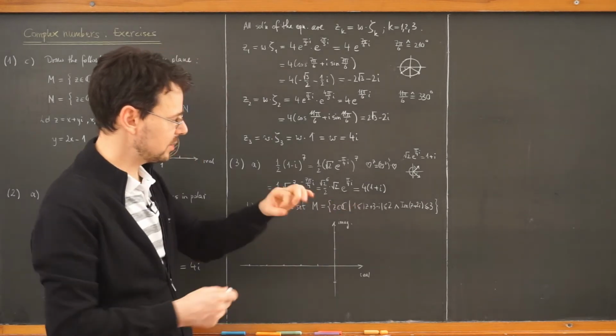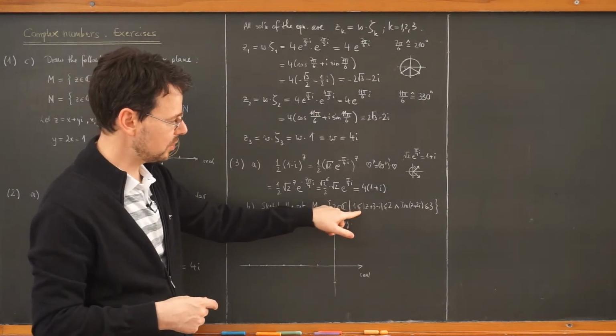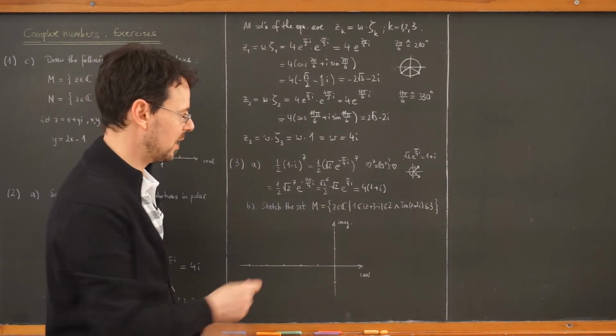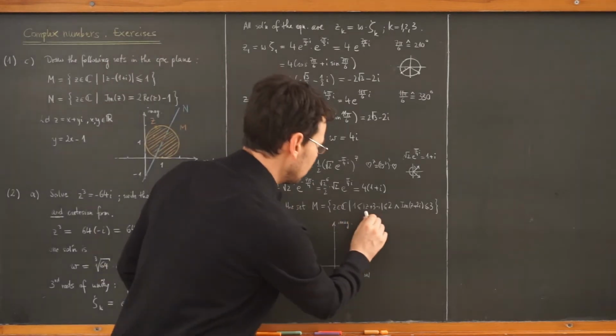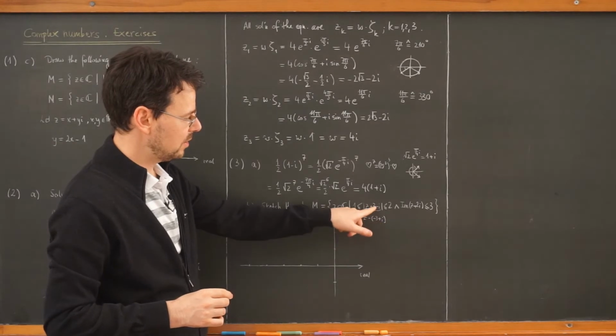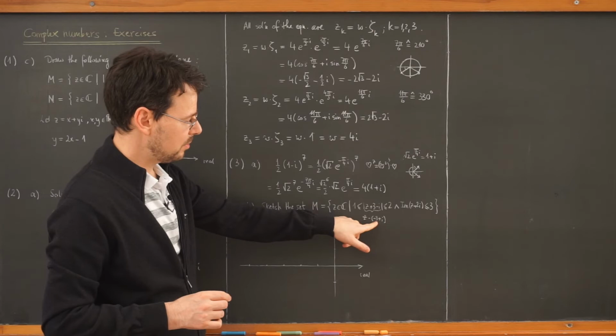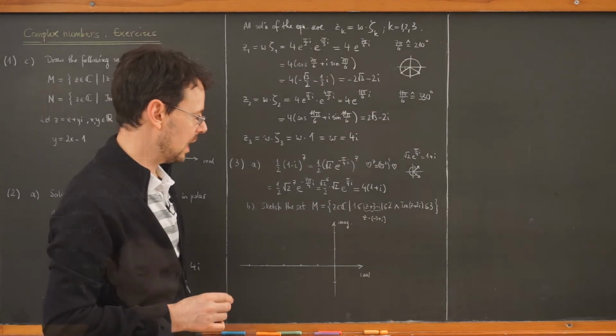But we take something away from the inner disk because this distance has to be larger than or equal to 1 at the same time. You should write this in this form because only then you can see that the center of the disk lies at this complex number minus 3 plus i.